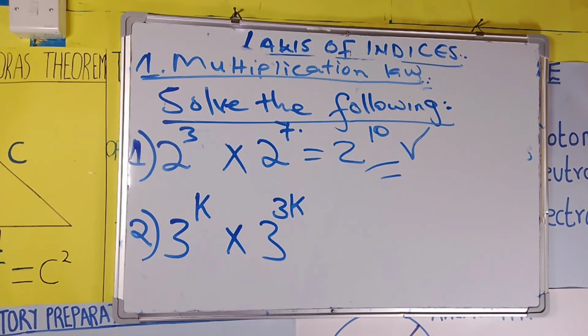Jerry Njogona, 3 power 4, no. Nelson, base 3 power 4k, correct. Agwet, 2 power 10, correct. 3 power 4k, that is correct.